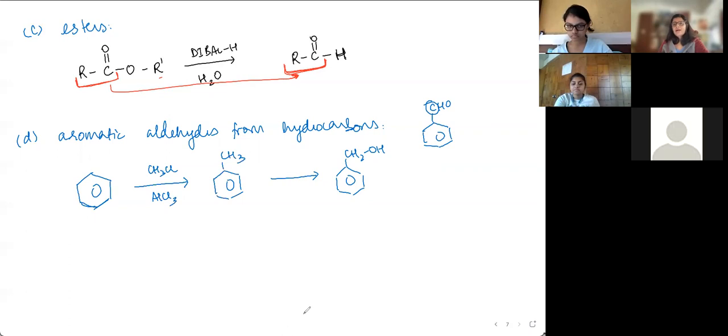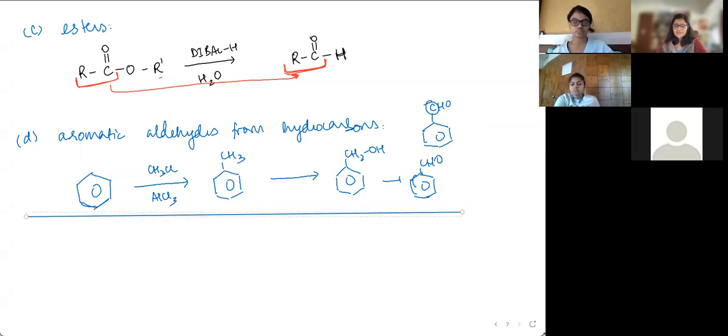Or you have ways to directly oxidize it also. There are some other reagents for it. This is what is used in the industry. Theoretically this is possible, but industrially, in real life, this is what is used. So note down this reaction.